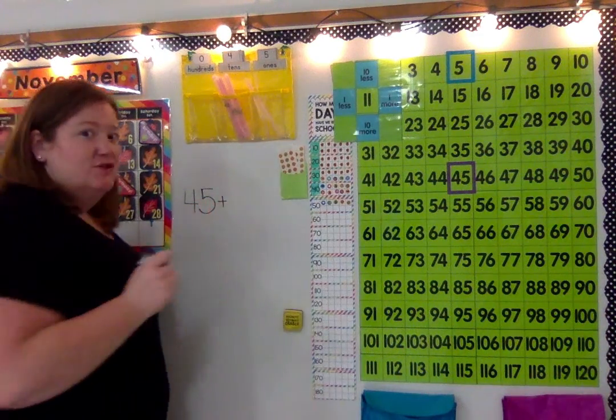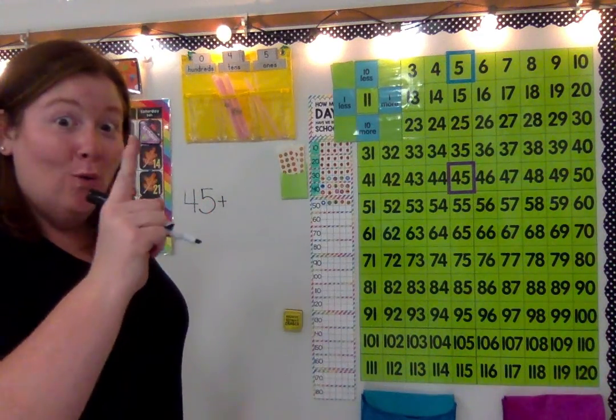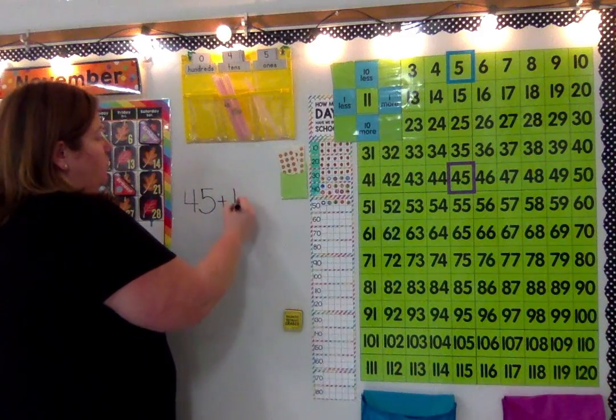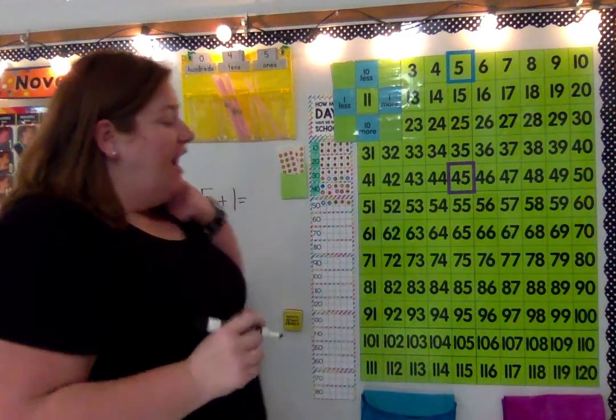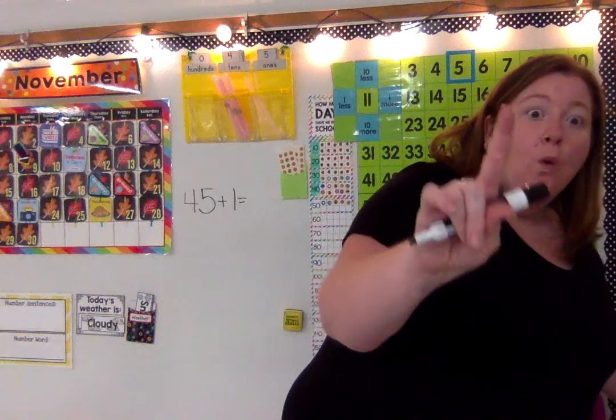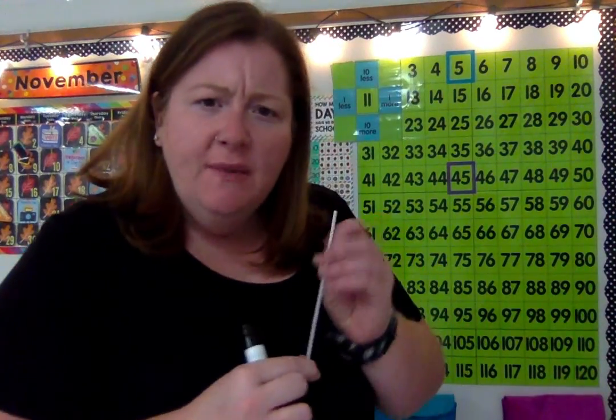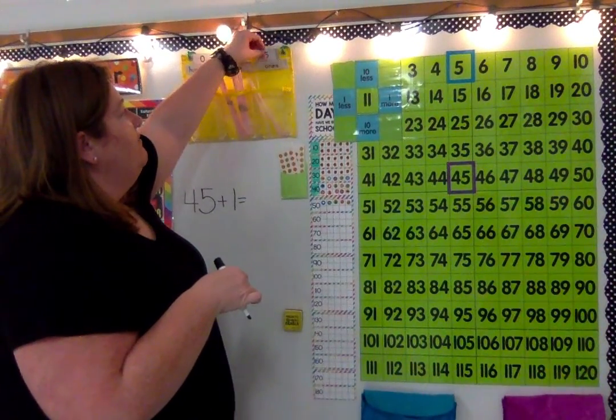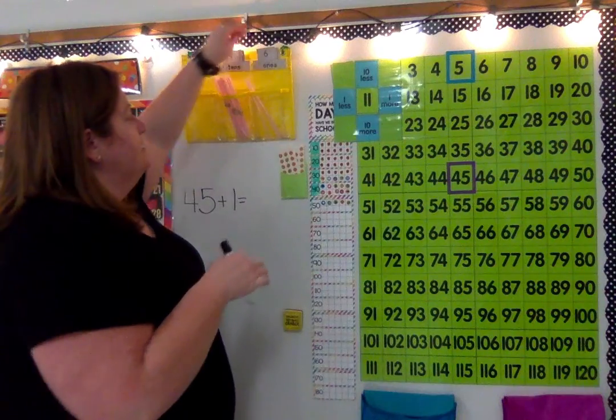How many am I going to add today? 1 more. Good. So if I have 5 and I add 1 more, how many 1s should I have then? Did you say 6? Let's see. 5. 1 more is 6.